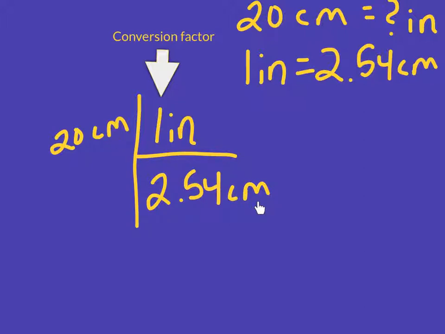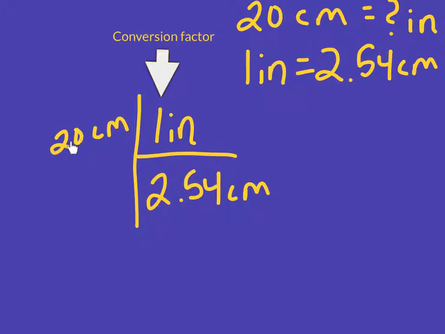So one more time. Since I'm going from centimeters to inches, I want to put the centimeters across from each other diagonally so that they'll cancel out and I'll be left in inches. Now the key, when you're doing it this way using the conversion factor, is that you multiply across.